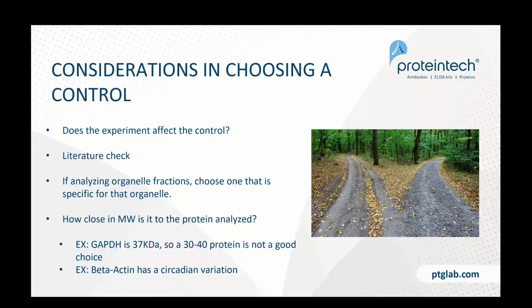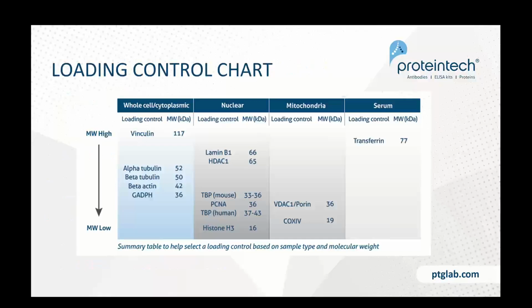For instance, GAPDH is 37 kDa, so a 30 to 40 kDa protein is not a good choice. Also, think about beta-actin's circadian variation. For experiments looking at circadian rhythms, it's not the best control to use. So here's a handy chart for all of your loading controls.